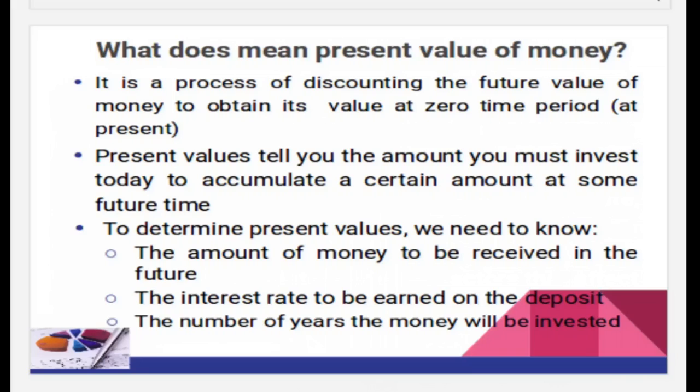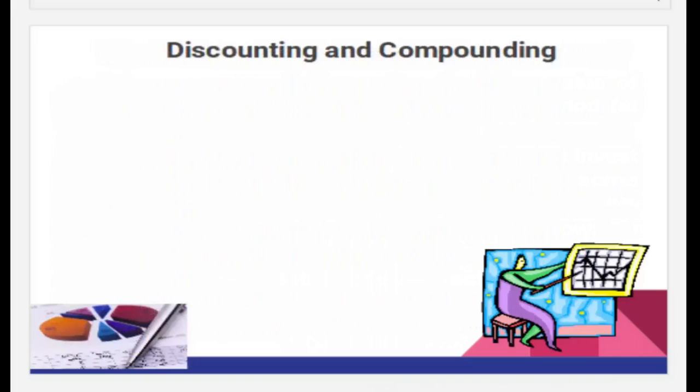Now next we will discuss discounting and compounding. The concepts of compounding and discounting are quite similar to each other. Discounting brings a future sum of money to the present time using a discount rate, while compounding brings a present sum of money to the future time.